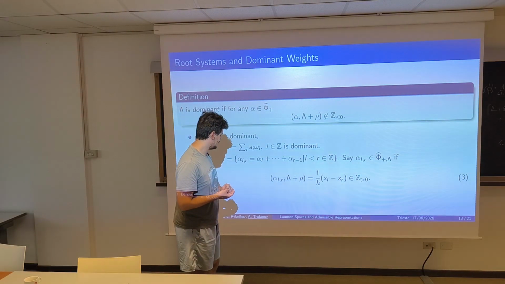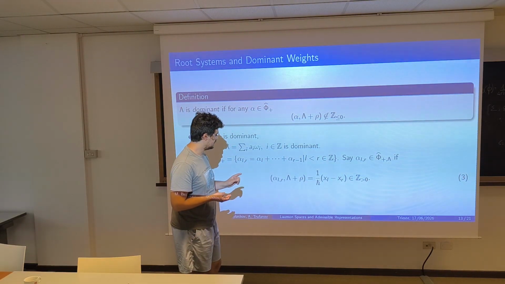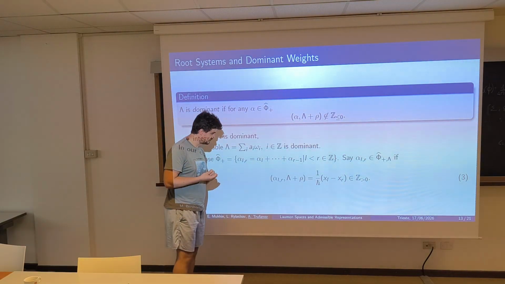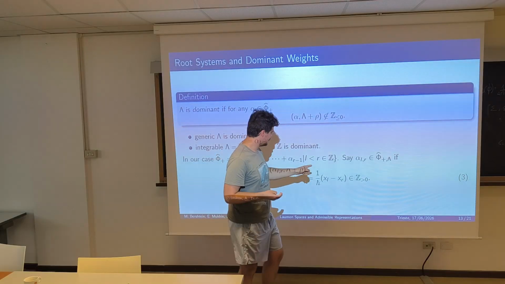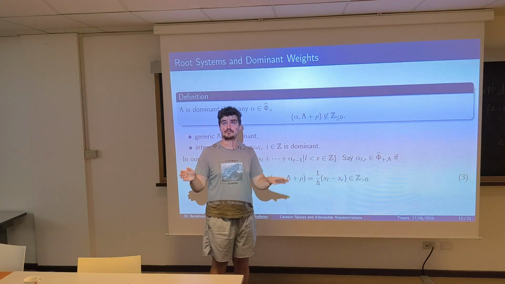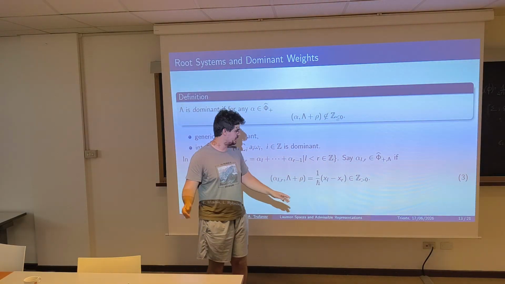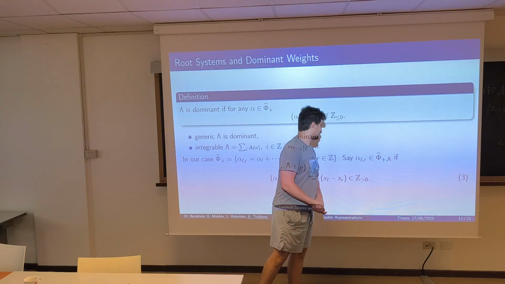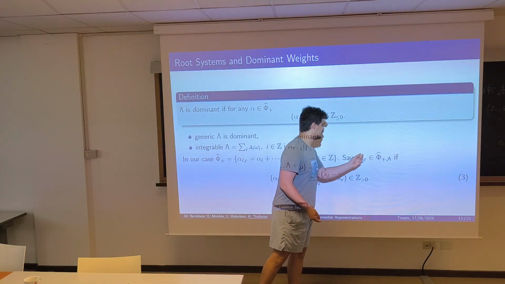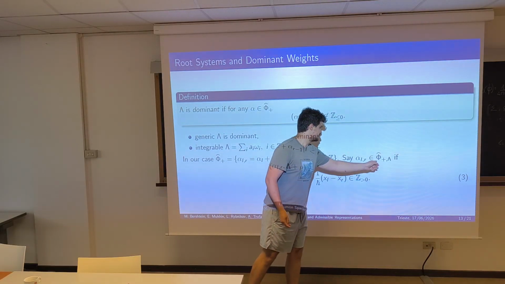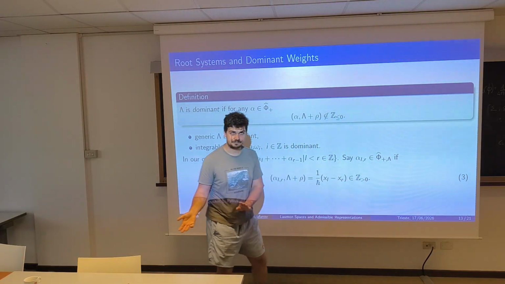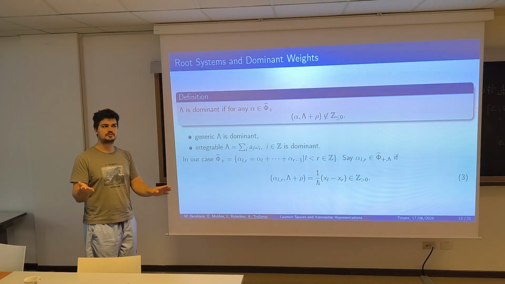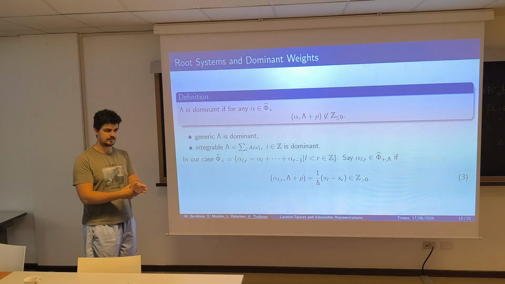I also wanted to say that we can see the positive roots. Some of them pair to integers, some of them pair to complex numbers, we don't care. The ones that pair to integers we can call integral roots, and I denote this set by Phi plus lambda. So there is a subset of all positive roots that pair integrally with our lambda.